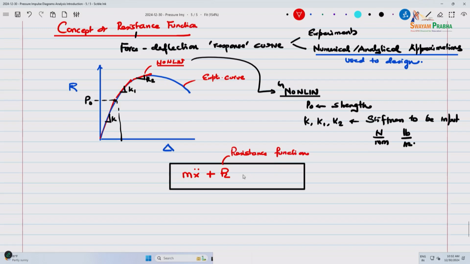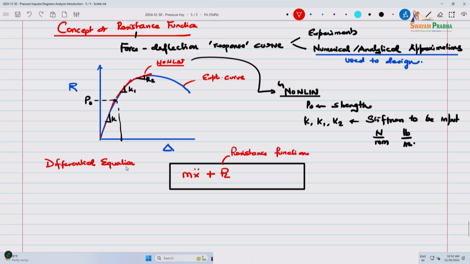K is the stiffness multiplied by x. But in elastoplastic systems, the differential equation, if you are solving one, let's say you have a specific system, and I'm addressing this course from both a research and design perspective.